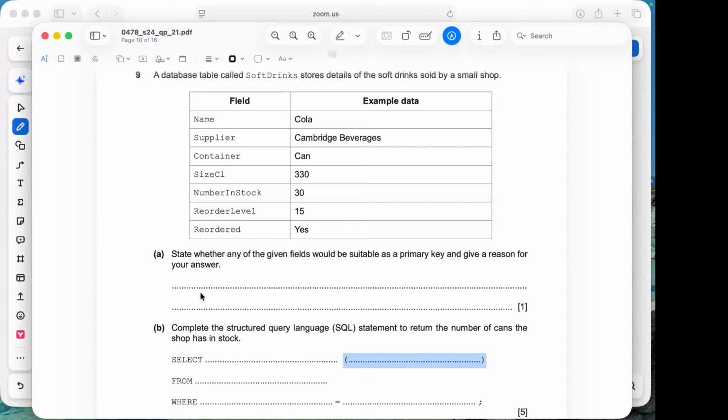If anyone wants to put their answer in the chat, feel free. And someone said about the 50-mark question. I'll talk about that in a minute, actually. Yeah, so we're doing part B, the SQL statement.